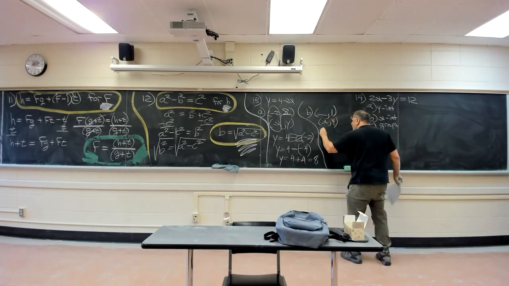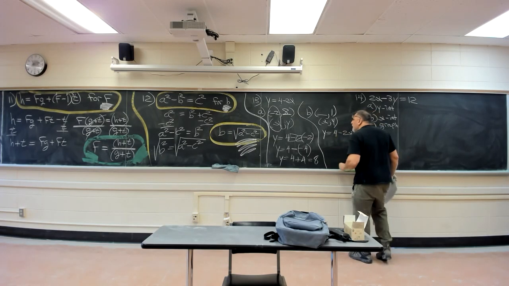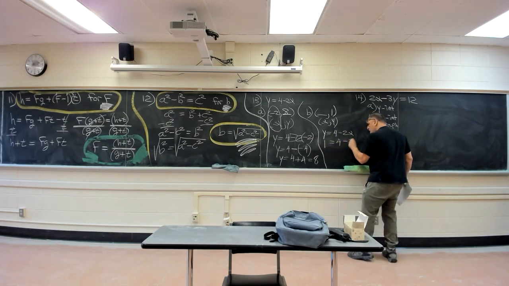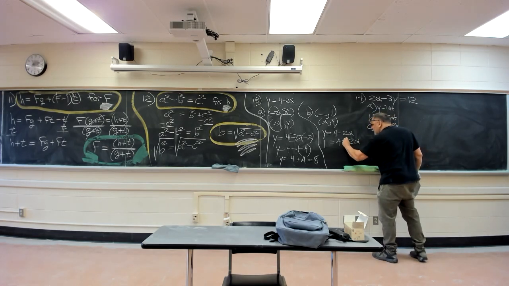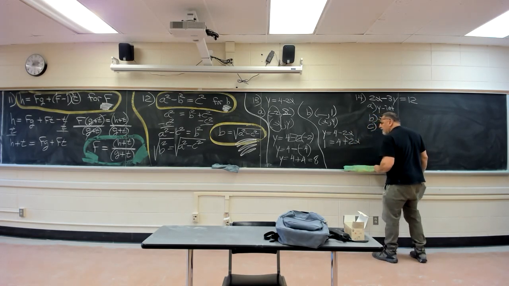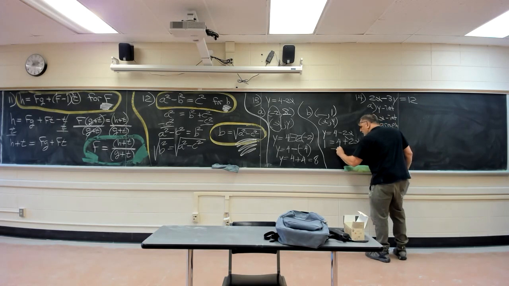We got y equals 4 minus 2x. They're telling us that y is equal to 1. Minus 2x is plus a negative 2x. Subtract 4 on each side. This is negative 3.